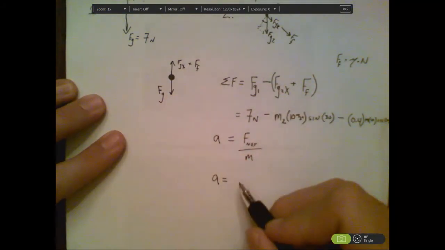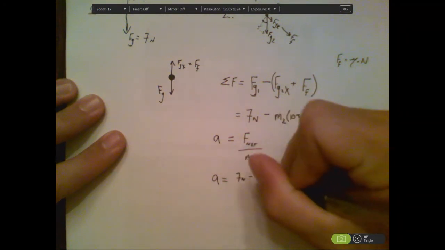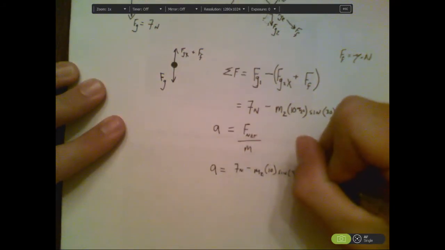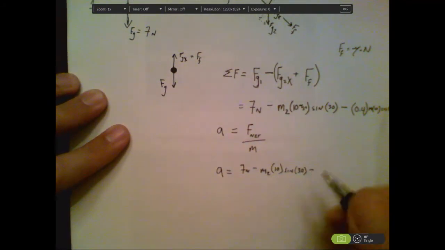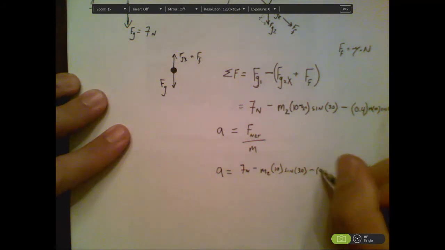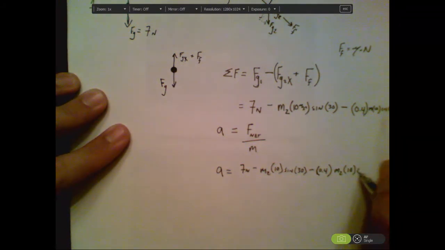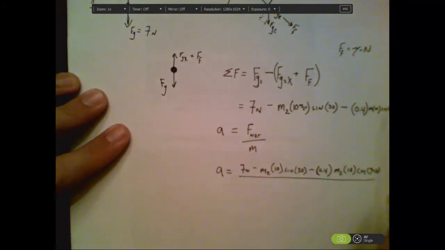Acceleration is our net force, which is 7 newtons minus m2 times 10 times sine of 30 minus 0.4 times m2 times acceleration due to gravity times cosine of 30, divided by the mass that accelerates.